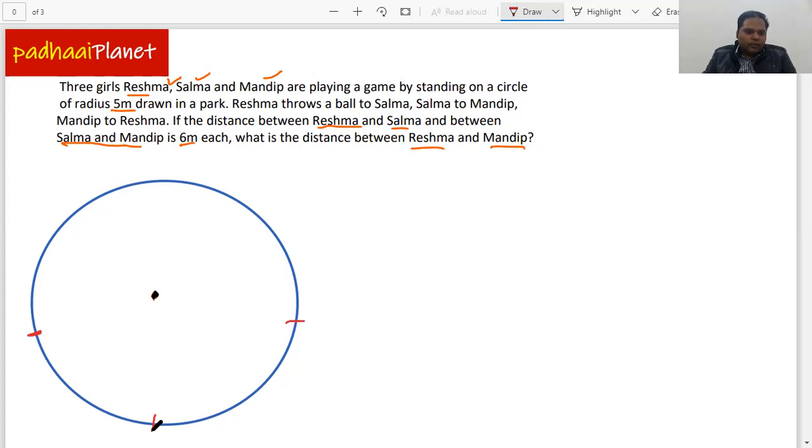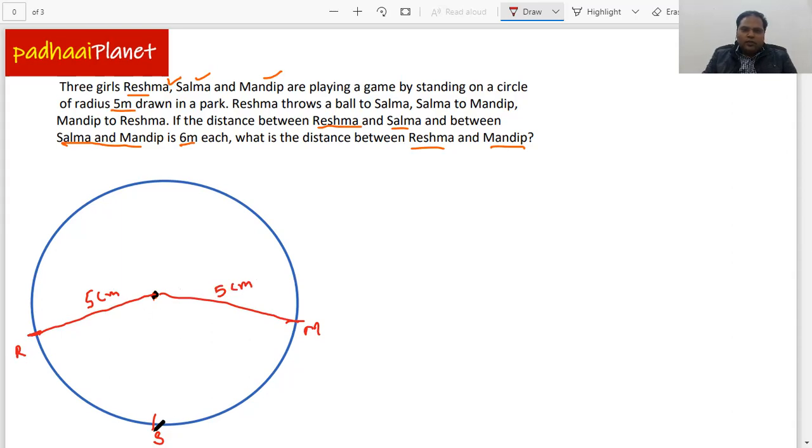Suppose this is Reshma, R for Reshma, M for Mandeep, and S for Salma. Now, let's first connect these lines. And when we connect, these are basically the radius of the circle.